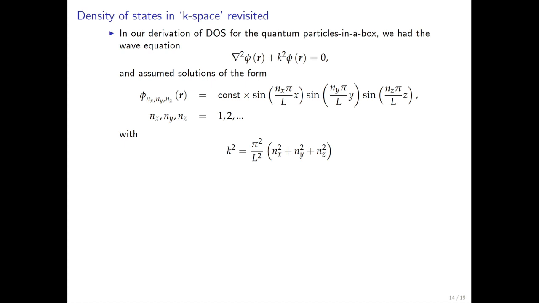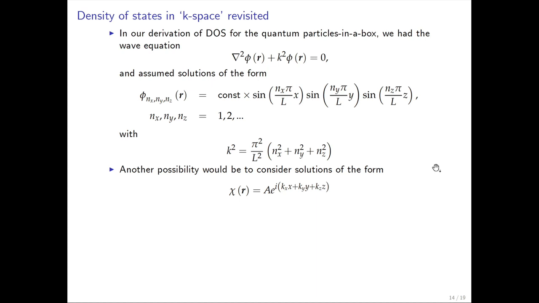If you remember back at the beginning of this lecture, we derived the density of states, and the way we did that is we started with the density of states in k space for our particles in a box. We started with this wave equation, and we assumed standing wave solutions to match the boundary conditions, a product of sine functions, and that allowed us to get the allowed k values, right?